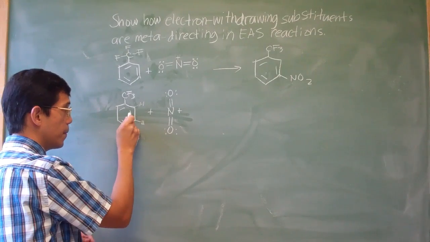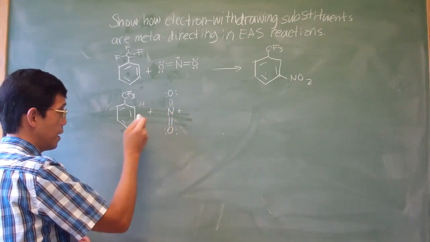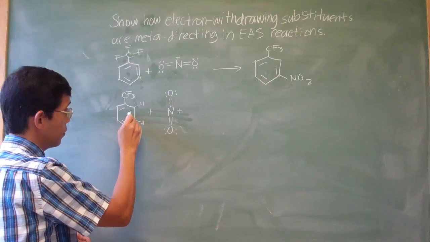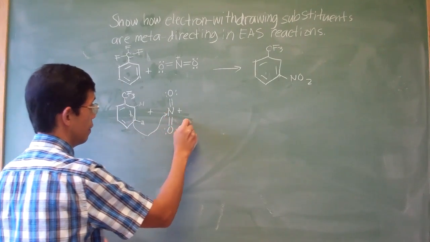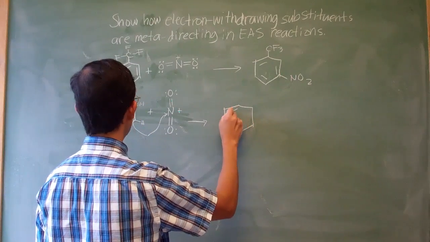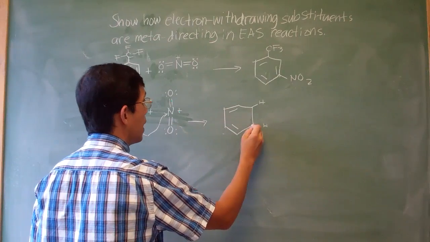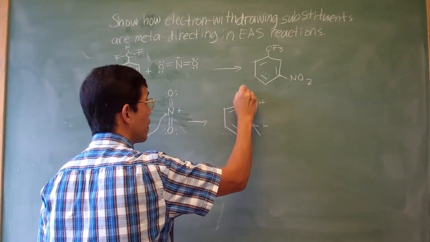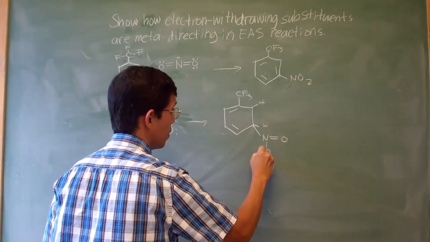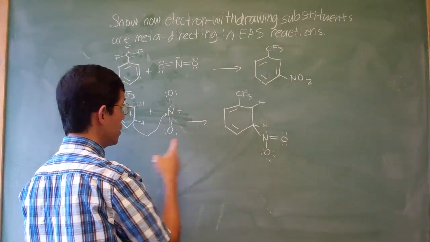Alright, so when that pi bond attacks that nitrogen and you form a covalent bond between that carbon and that nitrogen, this is what you get. You have that H there, and that H there, and now at the meta position, you're adding the NO2, and O. So plus charge on nitrogen.